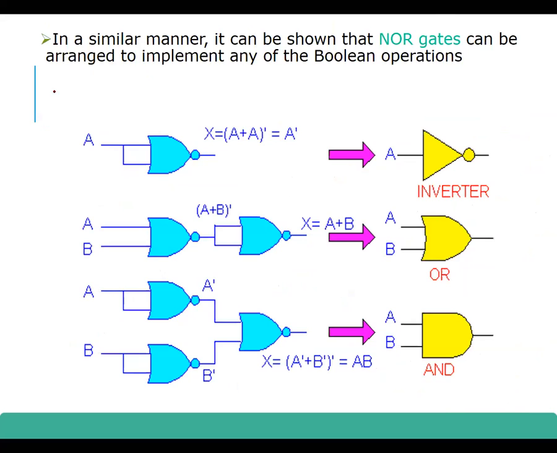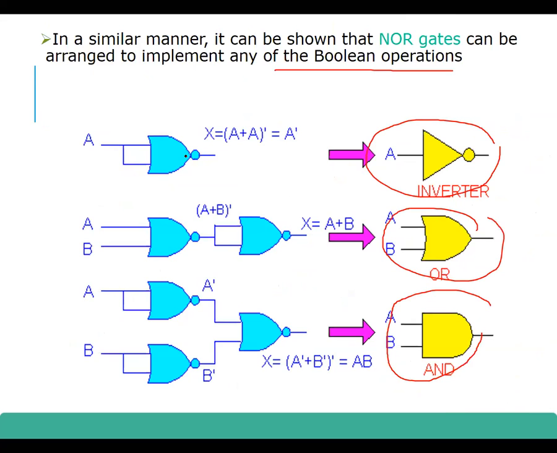In a similar manner, it can be shown that NOR gates can be arranged to implement any Boolean operation. Here you can see the NOT gate, OR gate and AND gate represented using only NOR gates.